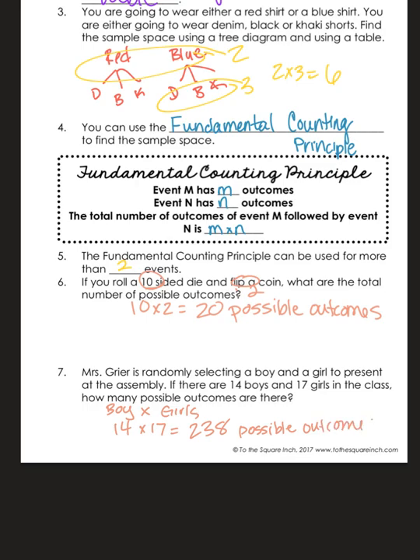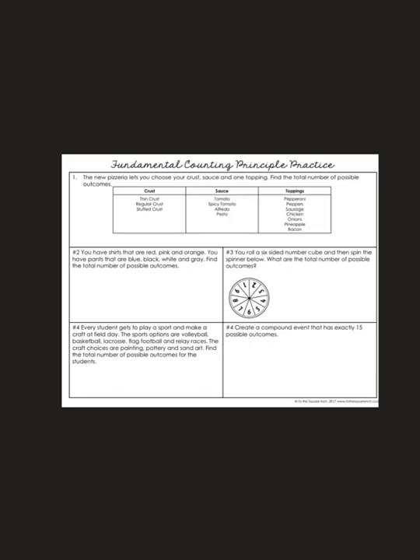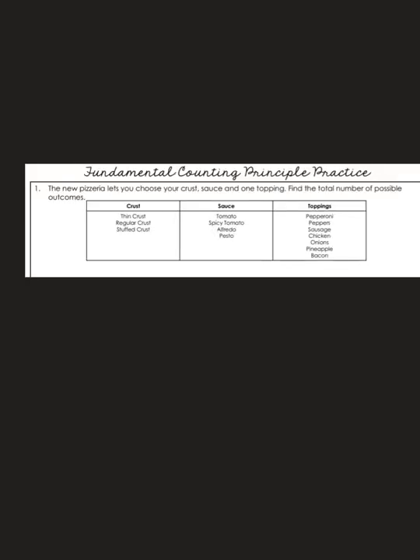All right, let's look at some more examples. Okay, we're going to go ahead and look at this first problem. The new pizzeria lets you choose your crust, your sauce, and 1 topping. Find the total number of all possible outcomes. So I know I'm going to choose 3 things. There's 3 events happening: your crust, your sauce, and your toppings. So how many choices are there for my crust? 3 choices.